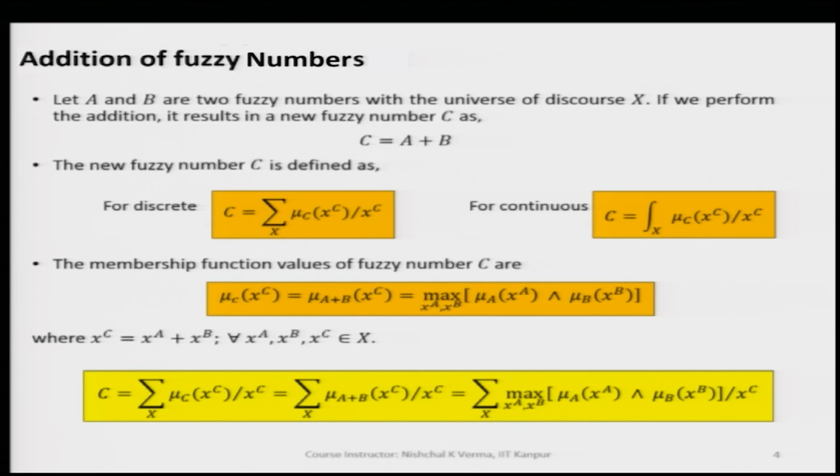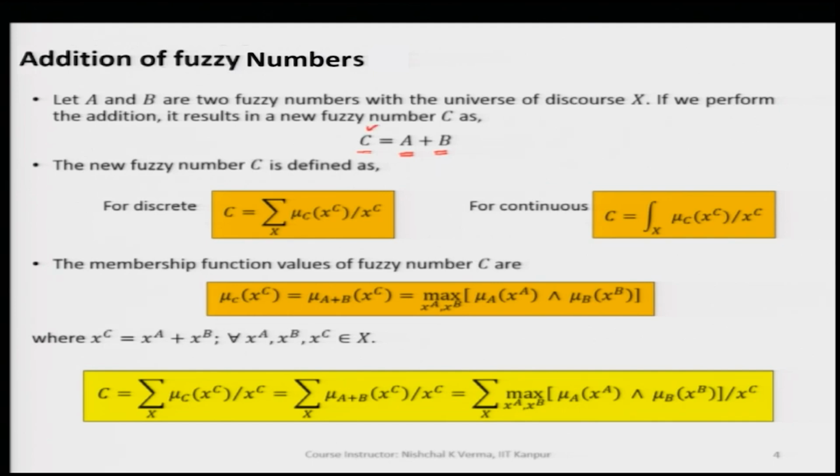So, let us take two fuzzy numbers A and B, and let us write C, which is the sum of these two fuzzy numbers A and B. So, we have the resultant fuzzy set C, and let us see how we obtain it.